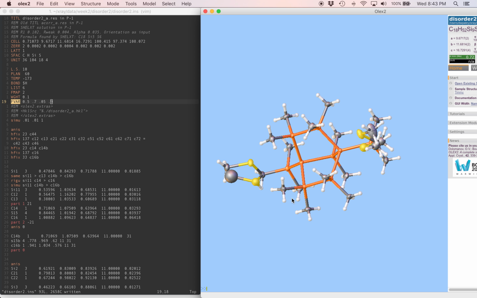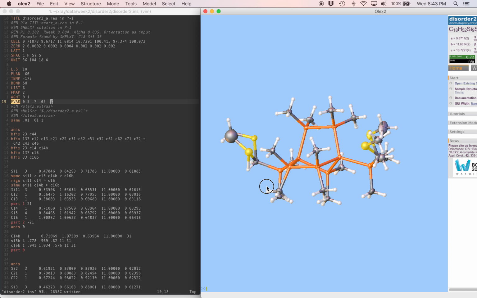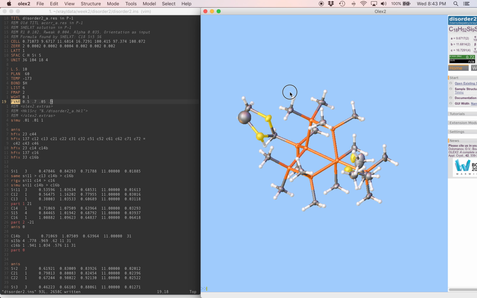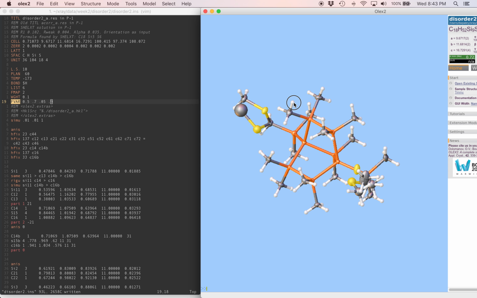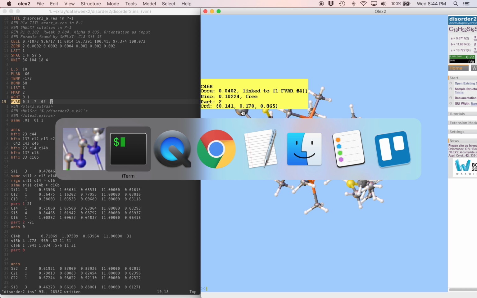For now, let's take a look at the geometry of these atoms. 1.79 is good for this carbon-sulfur distance, and 1.82, that's also fine. The displacement parameters look a little weird. This is only 4% occupied. Frankly, we're not going to get any information about the displacement parameters of a 4% occupied carbon atom.